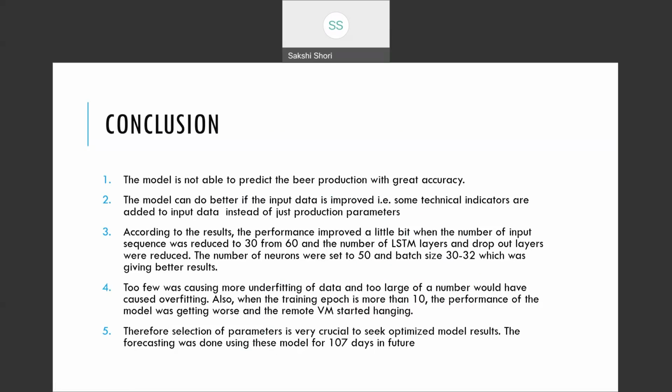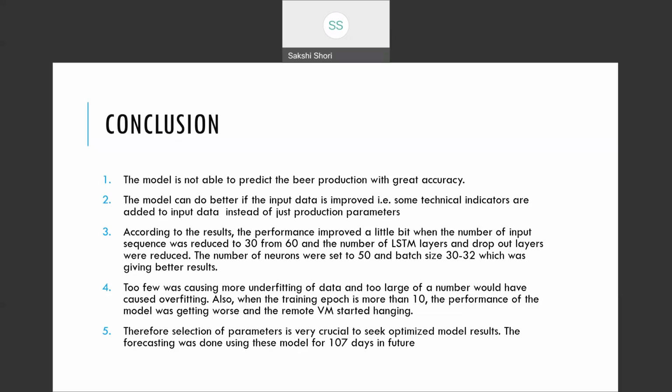According to the results, the performance improved a little bit when the number of input sequences was reduced to 30 from 60 with respect to the original model, and the number of LSTM layers was reduced. The number of neurons was kept the same. A batch size of 30 to 32 gave the best results.